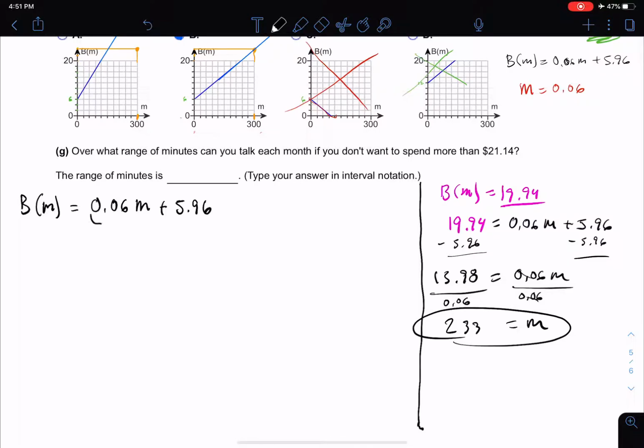So as long as I know how many minutes the person's talking, this gives me my monthly bill, right? That actually produces my monthly bill.